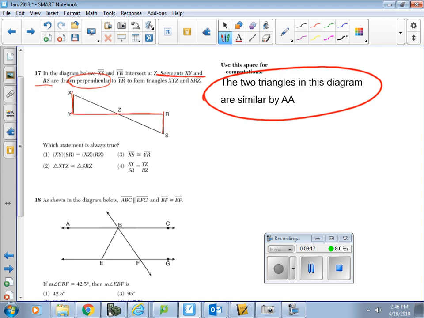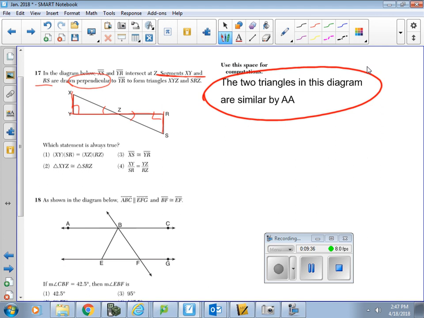So that means that this angle and this angle are both right angles. We also know that this angle here that I'm outlining are equal, or the same measure, because they are vertical. So that means by angle, we know that these triangles are similar.